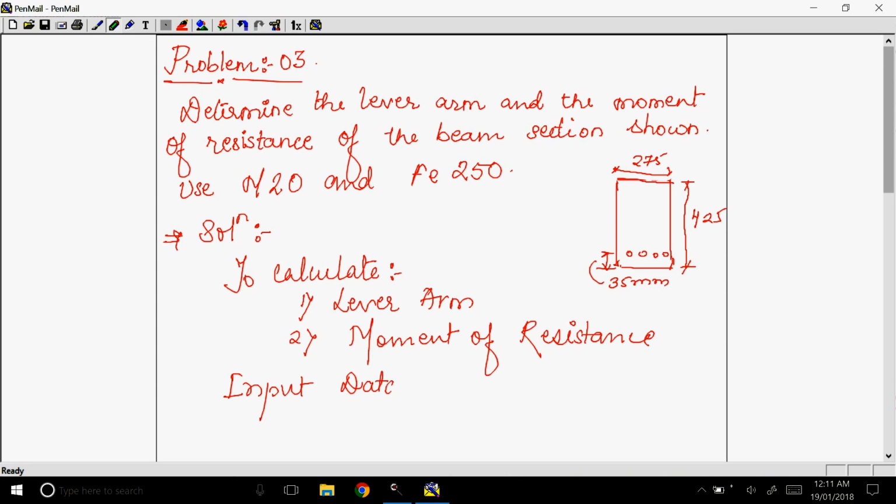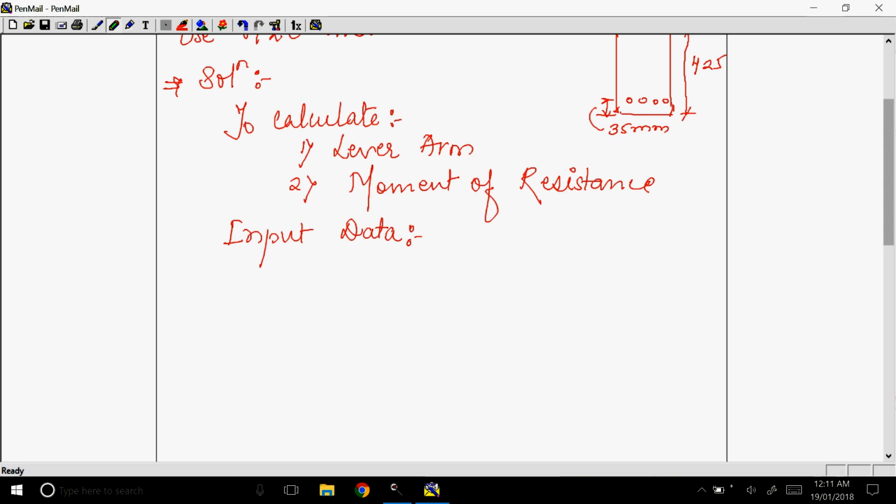Your b, that is the width of the beam, is given as 275 mm. Your capital D is given as 425 mm. We have been given the clear cover as 35 mm. Ast is also given. Ast is 4 numbers, 16 dia bar.